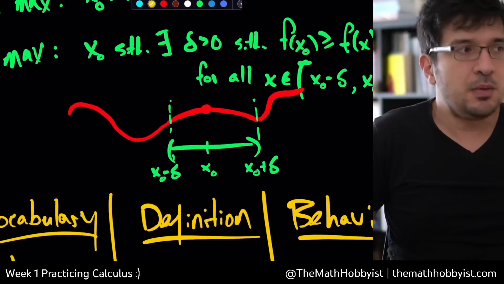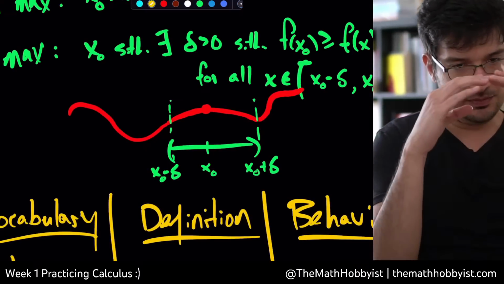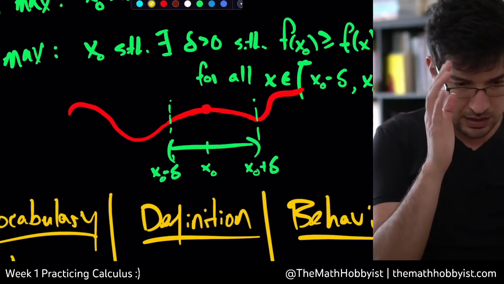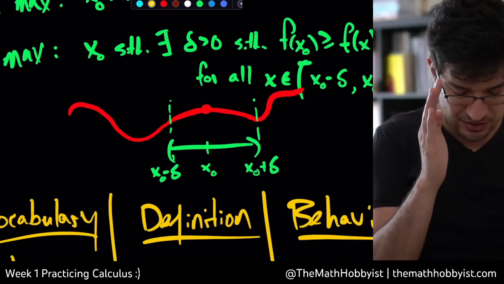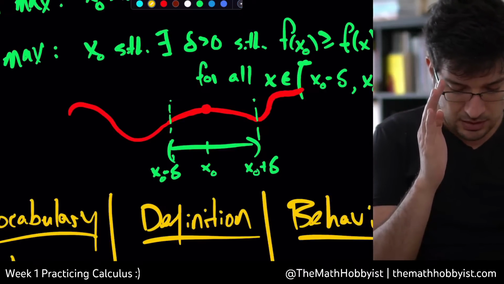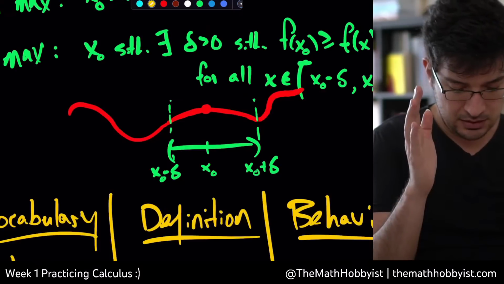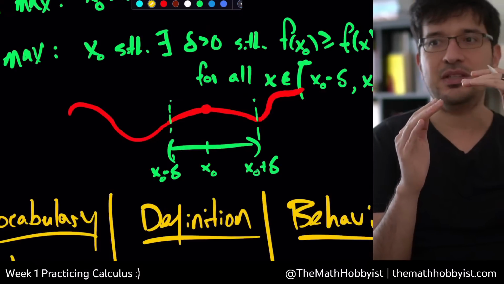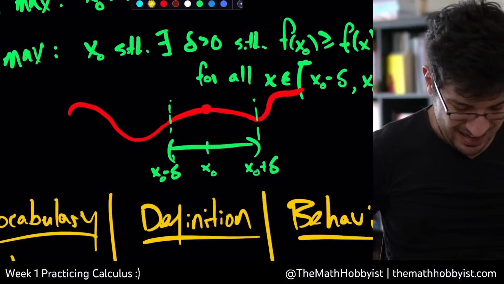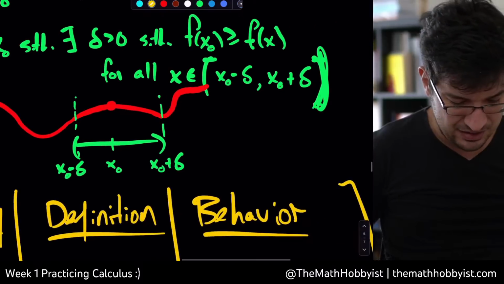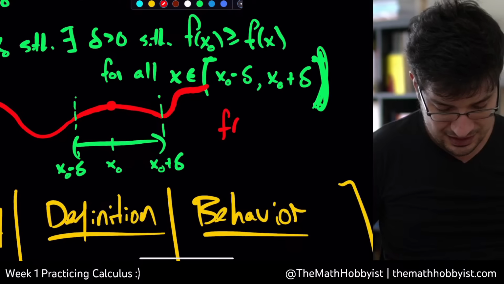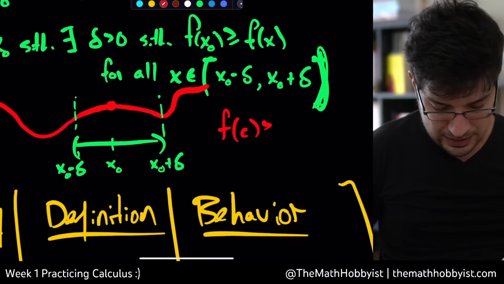So that makes sense. Like, if you look at all the numbers near that number, if you look at everything near it, then there's a hilltop. In their notation, f of c is greater than.